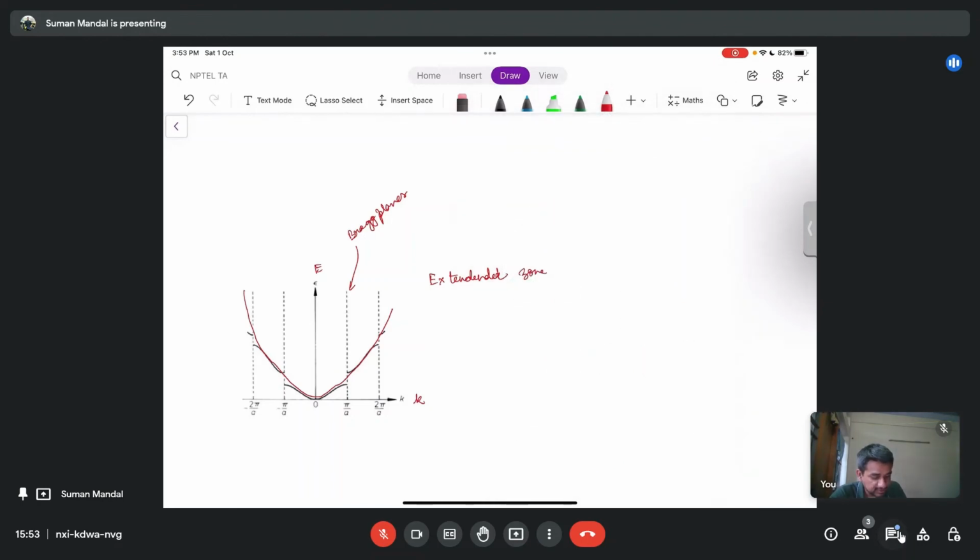That's why you then have a plateauing that takes place, and we end up with a structure like this. This is the extended zone.